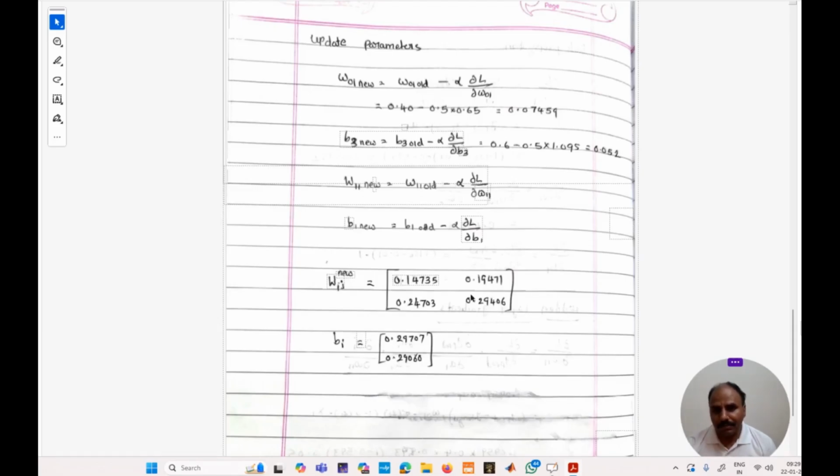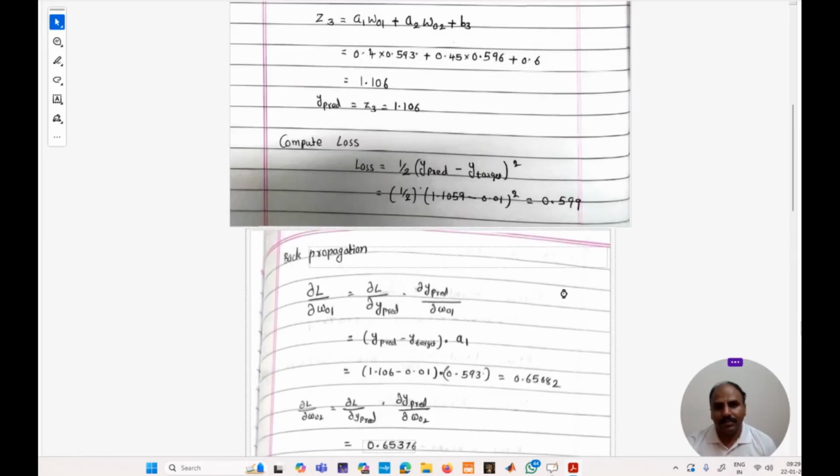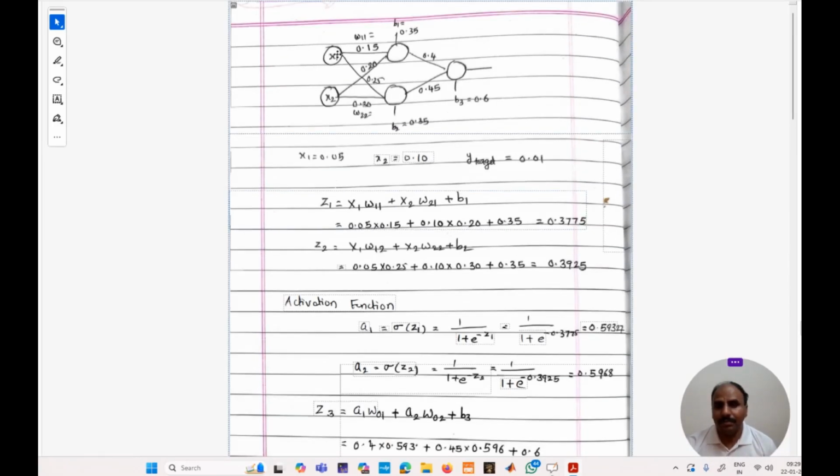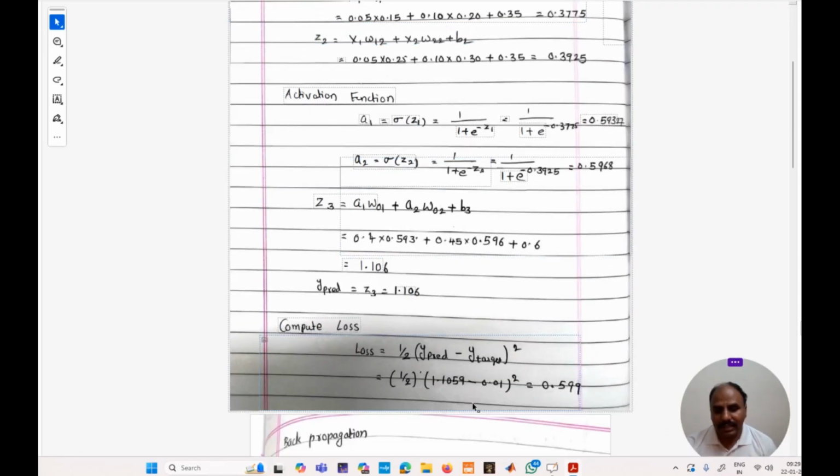After getting all the values, again we have to check whether we are getting the proper result or not. If, after doing the same operations again, your loss is reduced to 0, then we stop here. If it is not reduced, again we have to repeat the process until the loss becomes 0.